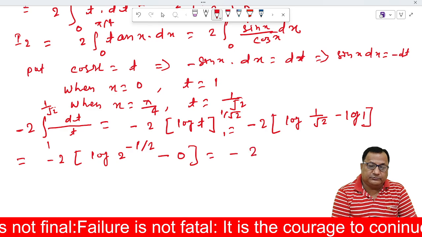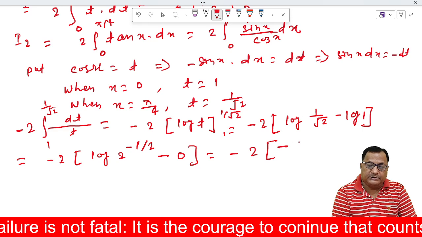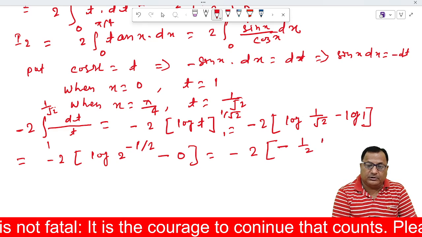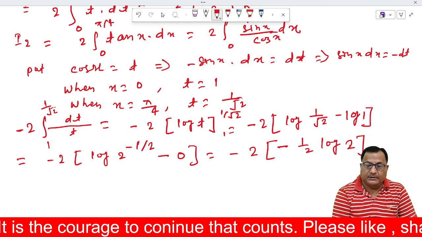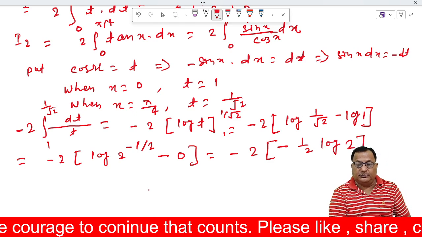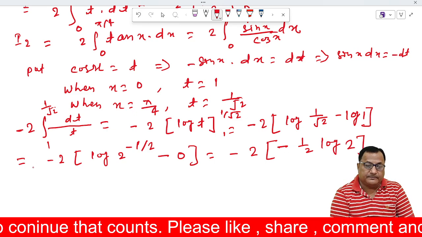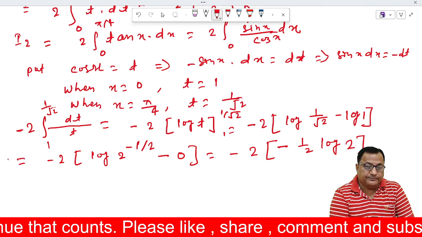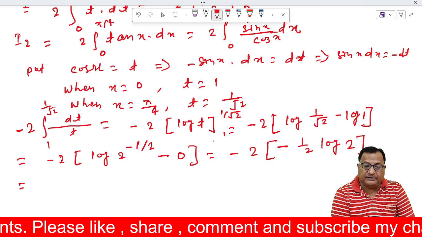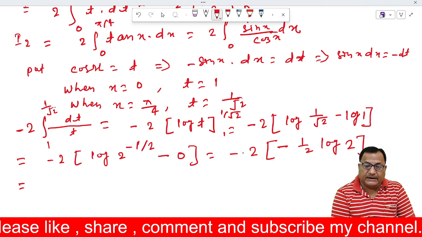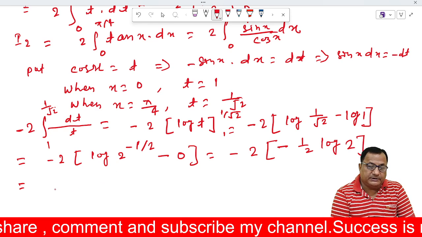This can be written as minus 2 into minus 1 by 2 into log 2. By using the logarithm formula, the power will multiply here. Minus and minus will be plus, and 2 and 2 will cancel, so this will be log 2.